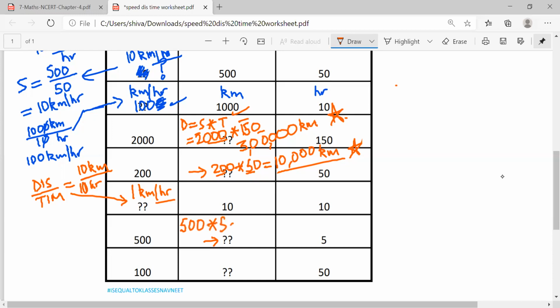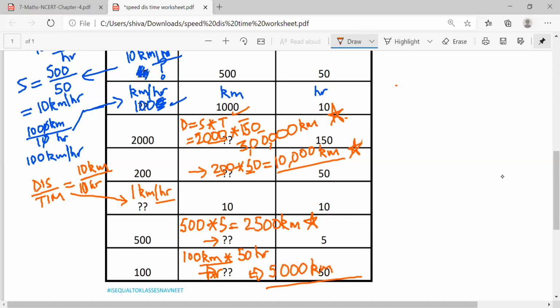Correct. And finally, what is the distance here? So 5,000 kilometers. Very nice. 100 kilometer per hour into 50 hours would be equal to 5 followed by 1, 2, 3 zeros.